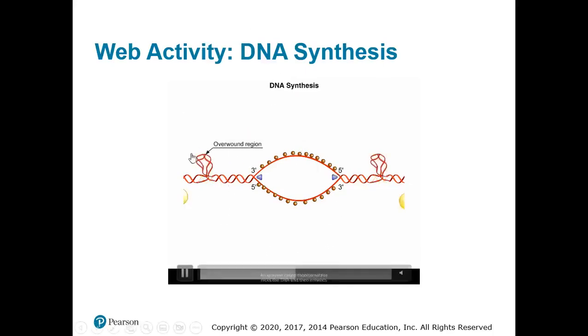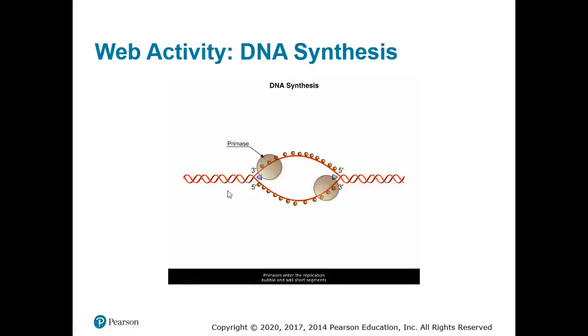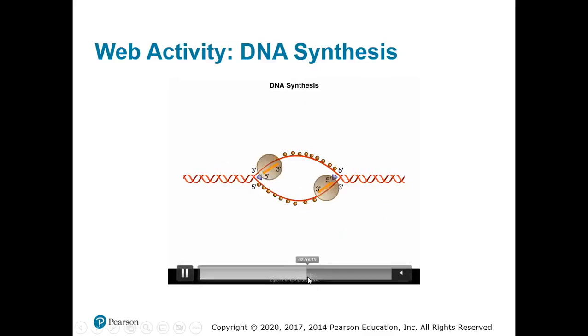And you'll notice, okay, we're getting some tension on either side once we unwind that helix. And so topoisomerase is going to come in, it's going to cut, and it's going to rejoin in order to fix that. So we have our primase coming in, adding in our primer to each of our template strands here.